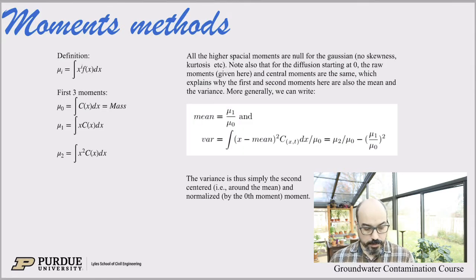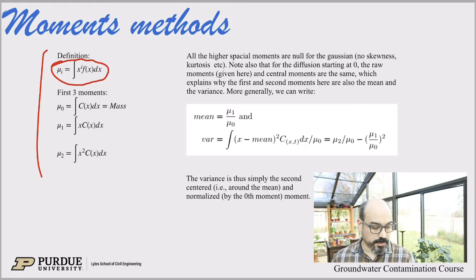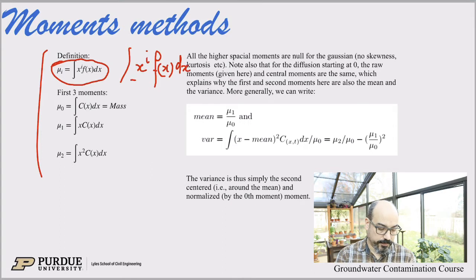Okay, so what are the moments? The moments of a distribution are defined here, and the general definition is given here. So the ith moment is the sum of the data to the ith power times f of x dx, okay?